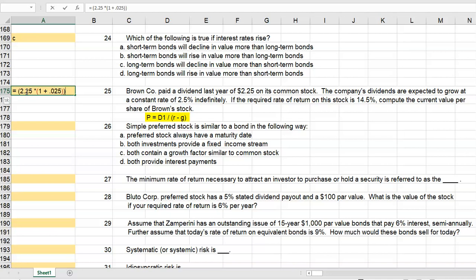That's my dividend next year. Again, notice the parentheses. Divided by the required rate of return, 0.145, minus the growth rate, 0.025. I get 19.281.